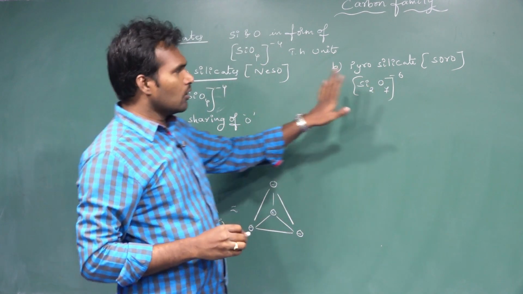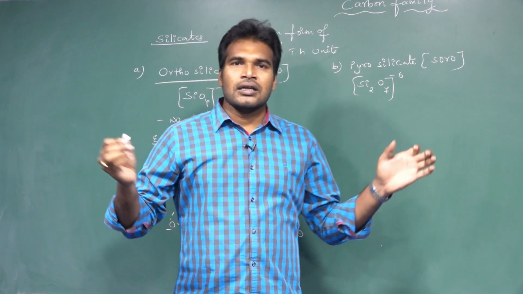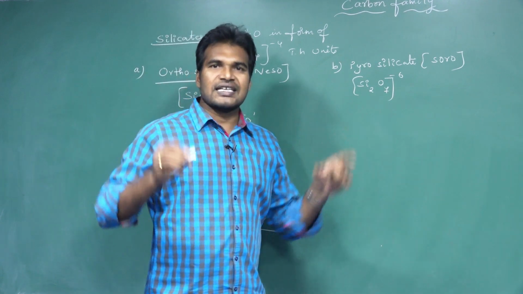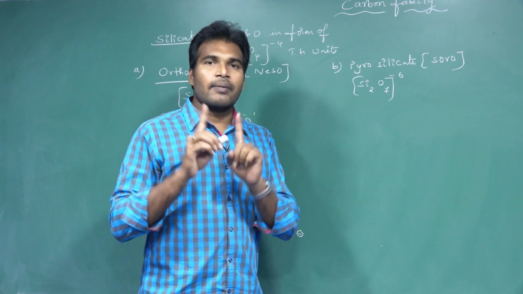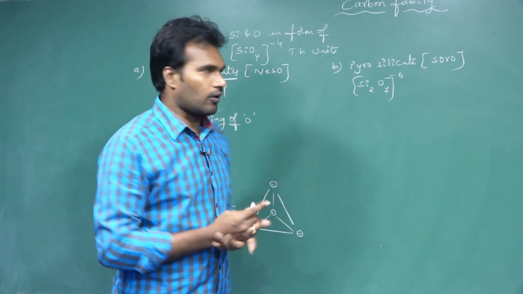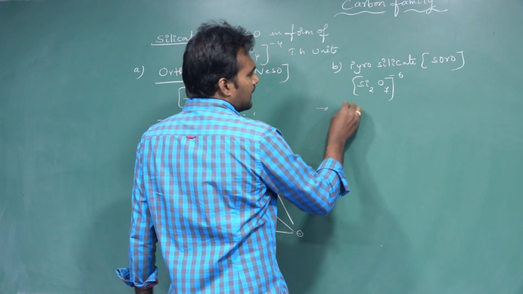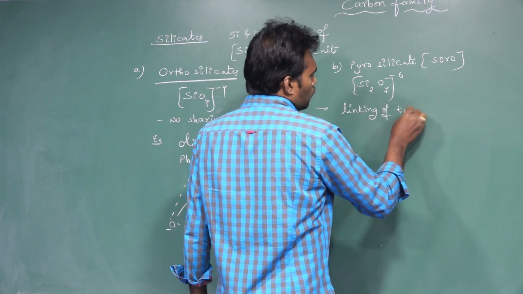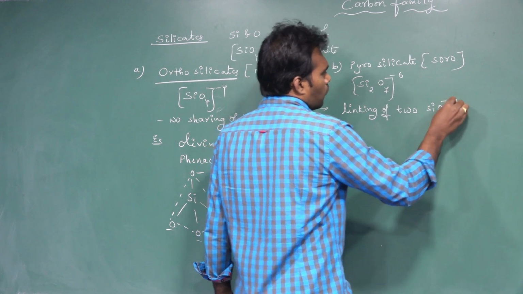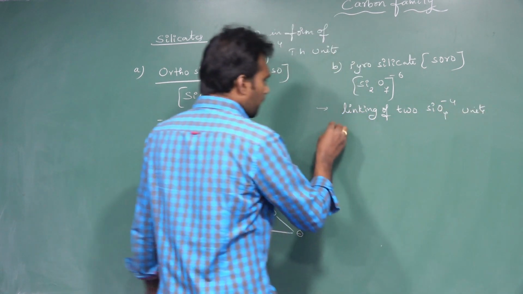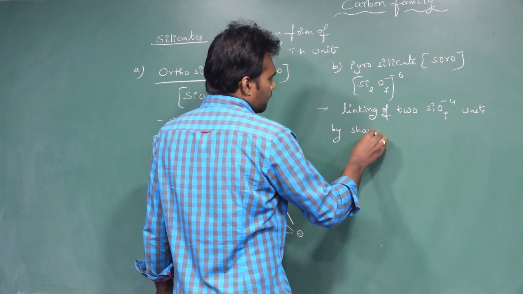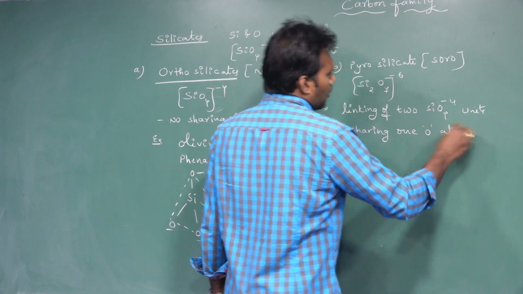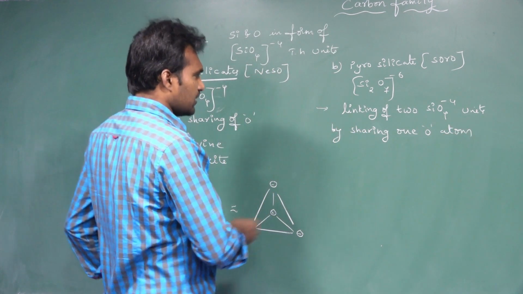These silicates are formed by linking 2 SiO4 minus 4 tetrahedral units, by sharing one oxygen atom at one corner. So this is pyrosilicates.